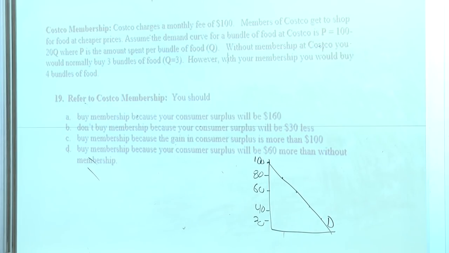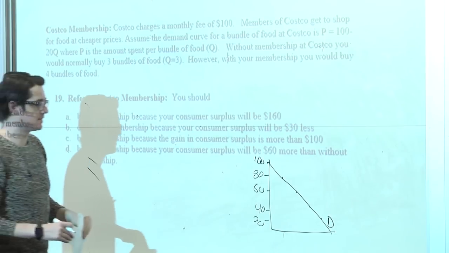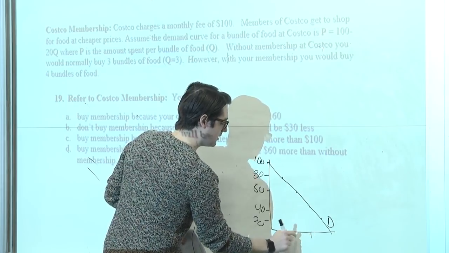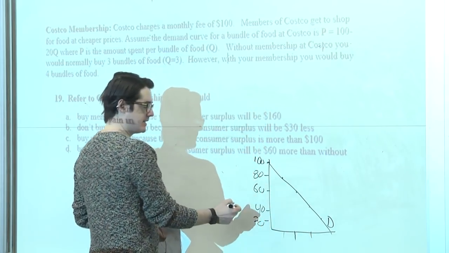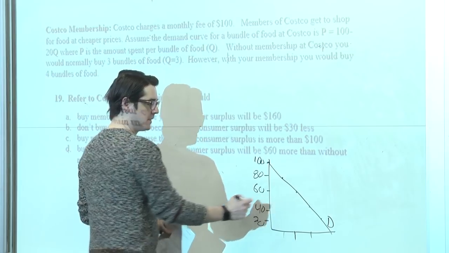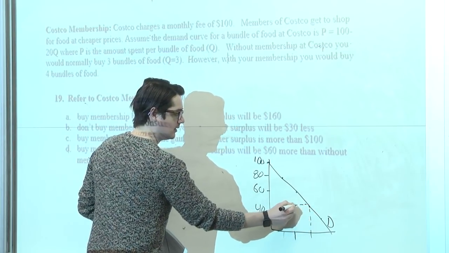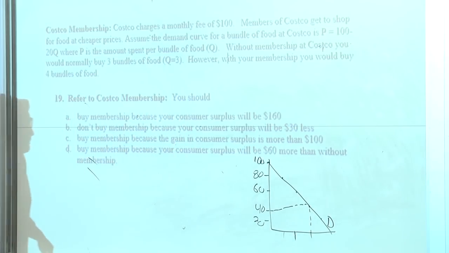The next step is, we're worried about our surplus here. So the next thing I'm going to do is just calculate our consumer surplus if we consume 3 things. So if we consume 3 things, that means that the price is going to be $40, right? Because a price of 40 will induce us to buy 3 things, right?